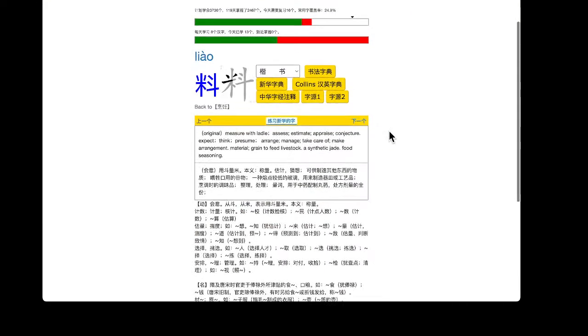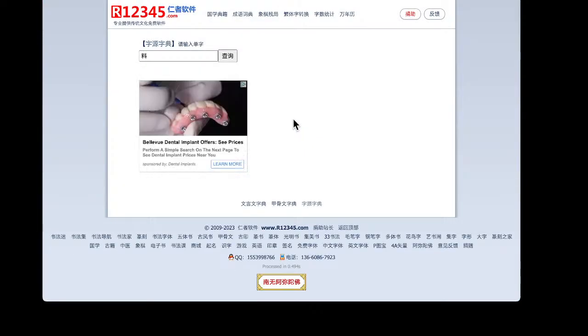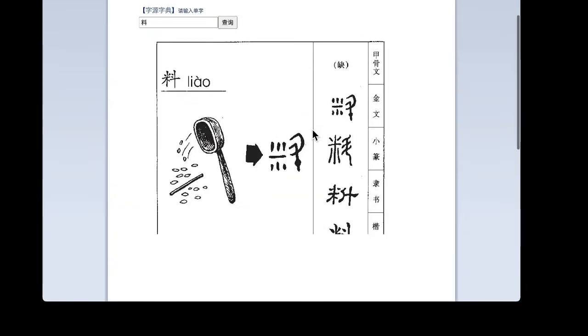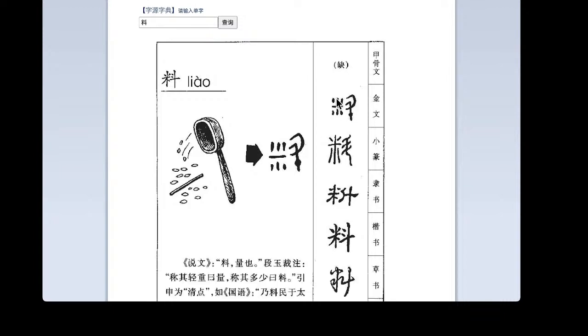料 has several meanings. The first one is measure with a ladle. Why does it mean measure with a ladle? It's actually very obvious if you look at the etymology. Here's the mi, which is rice.